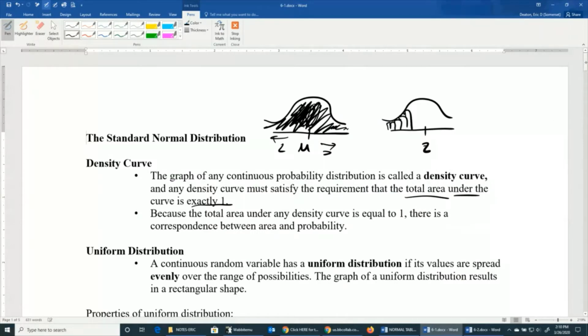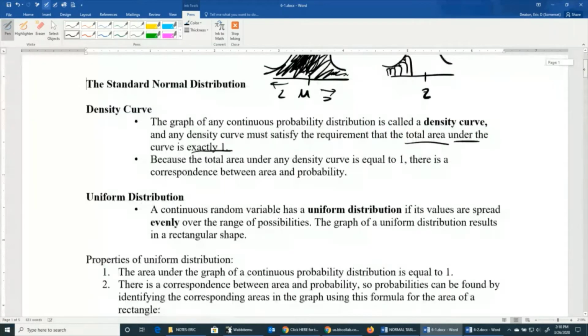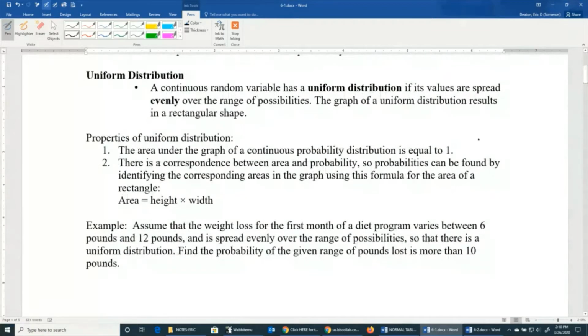But before we get to that, we talk about the uniform distribution curve. A uniform distribution curve actually looks like a rectangle, because it's uniform, it's consistent, it's the same all the way across. Once again, it's got an area of 1.